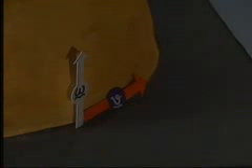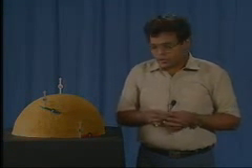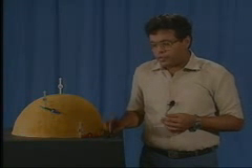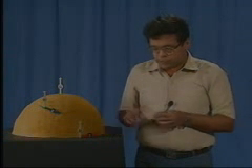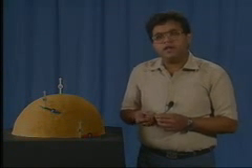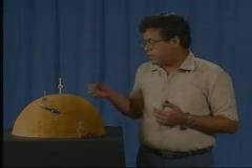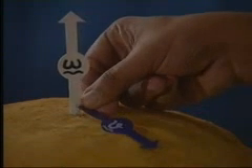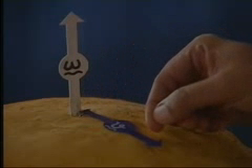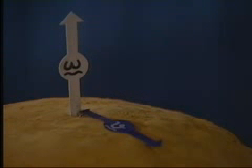Now, let us see the situation at the poles. Suppose a river is flowing in the poles and its direction is represented by this arrow. In order to find out the direction of omega cross V, I rotate a screw from omega towards V, and it advances towards the left with respect to the flow of water in the river.